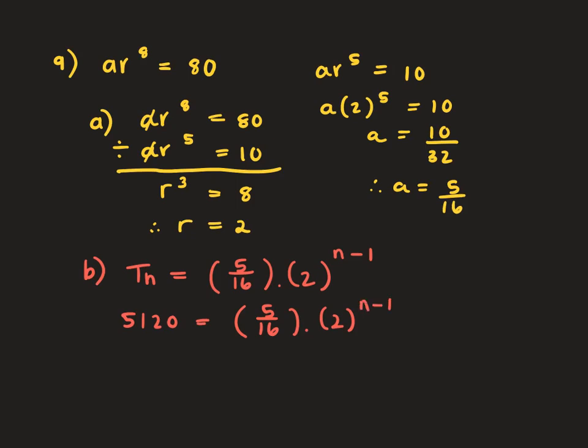We divide 5120 by 5/16, and we get 16384, and that's equal to 2 to the power of n minus 1. So that is the same as 2 to the power of 14. Remember, here you can use logs at this point as well. So 14 is equal to n minus 1. So your answer is 15 terms.